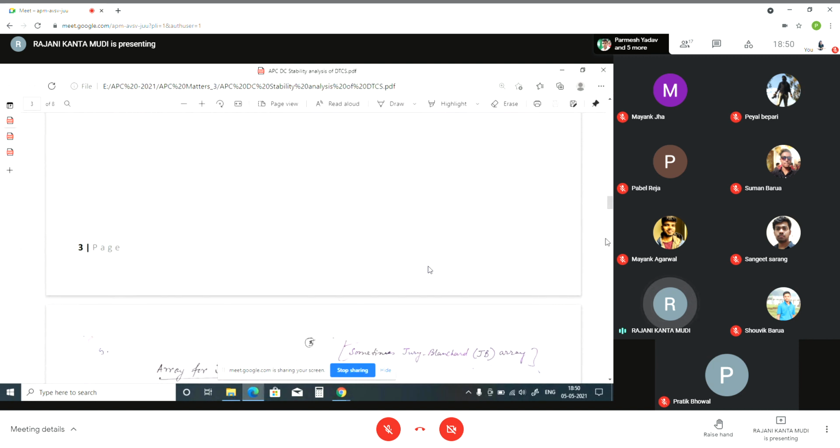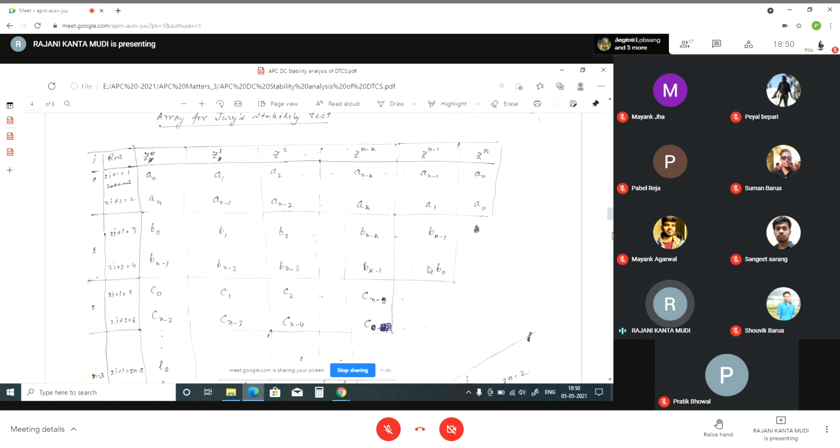We can apply the Routh-Hurwitz criteria, but before that, we have to transform the Z domain into another complex domain whose left half plane corresponds to the unit circle. In that case, we can apply the Routh-Hurwitz criteria. This is the process called bilinear transformation. Stability by using bilinear transformation.